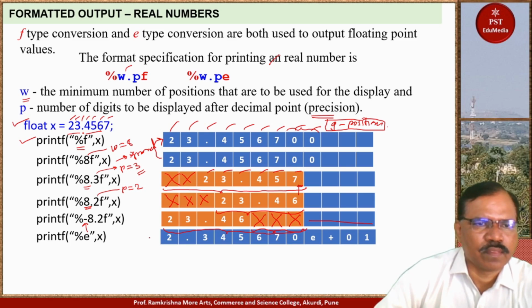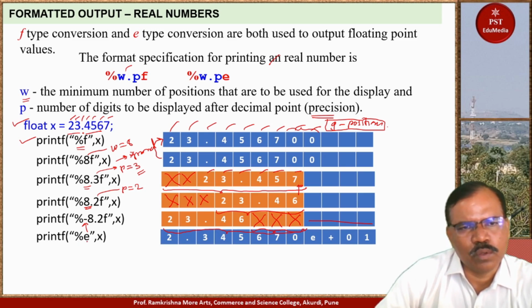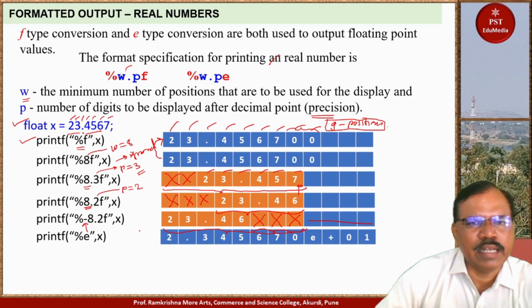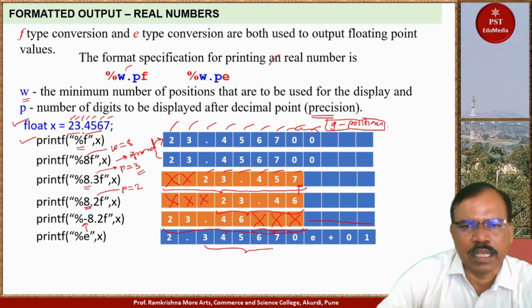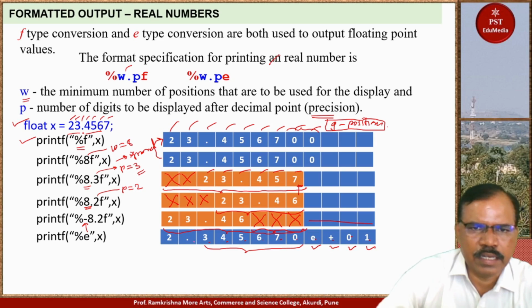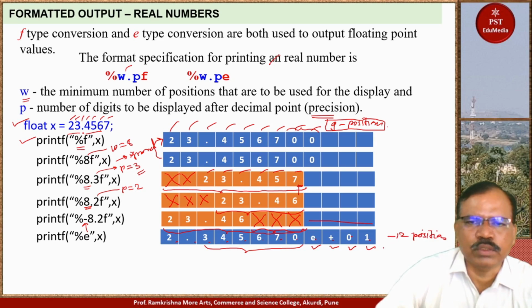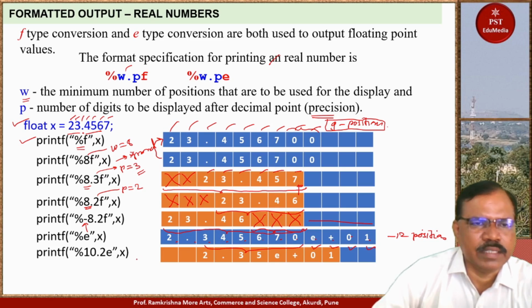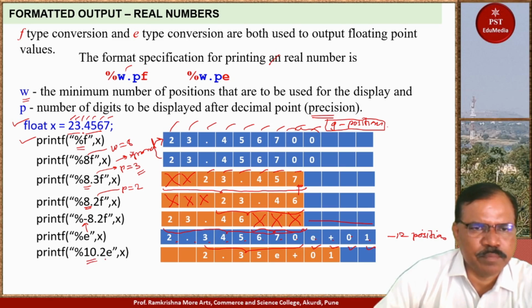Now if we take the next one, printf in double quotes %e, it is E type conversion in exponent form. The number is printed like this: 2.345670, so 6 decimal places are taken, then e+01, that is 10 raised to 1. So 1, 2, 3, 4, 5, 6, 7, 8, 9, 10, 11 and 12, so 12 positions are taken. But if we take here printf %10.2e, the width is 10 and precision is 2.